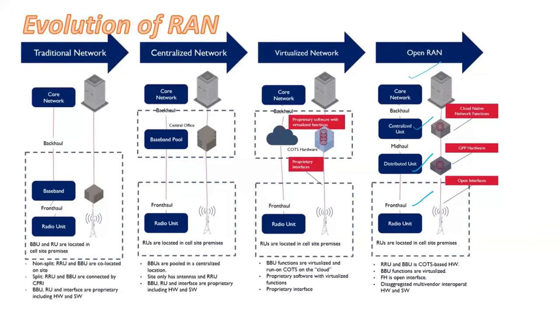And then there are cloud-native functions and general-purpose hardware, meaning you are also using general-purpose or COTS hardware. The networks are software defined and the interfaces are open, meaning you can mix and match different vendors for the RU, the CU, or the DU. Okay. So this is how Open RAN is different from the virtualized RAN. You remove the proprietary equipment. This is how Open RAN differs from the traditional RAN.